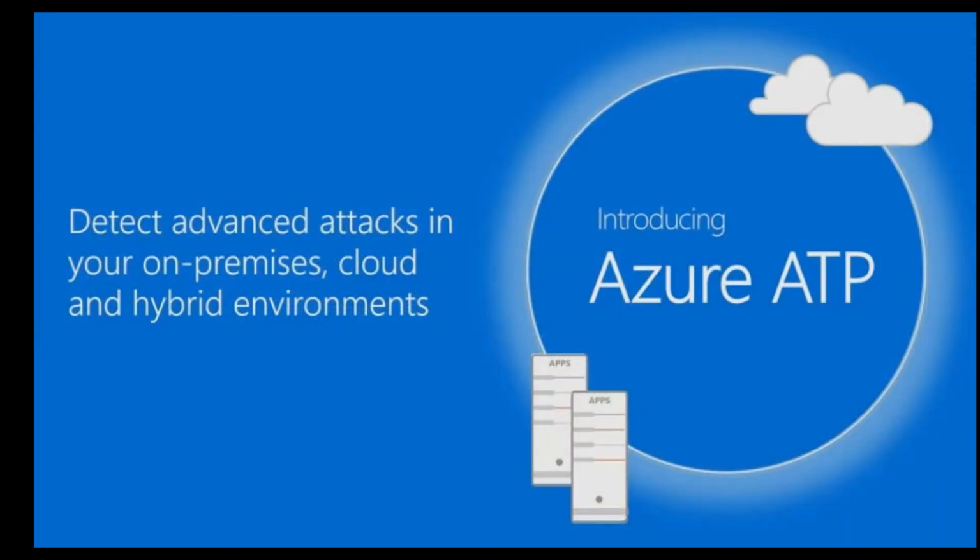So we are talking about Azure ATP. For those that don't know what Azure ATP is, it is the Microsoft solution that helps organizations to have more visibility in terms of security incidents, everything that is happening in your infrastructure.